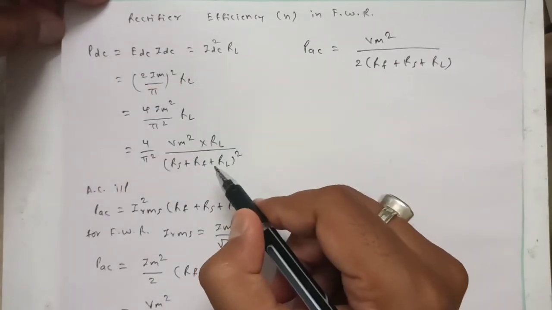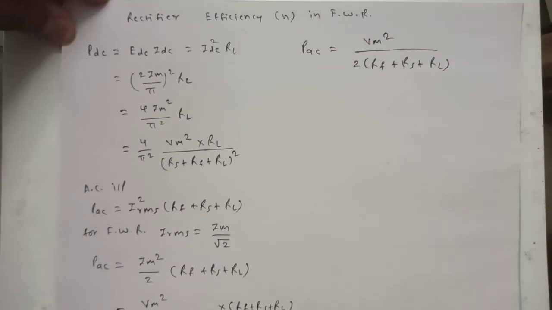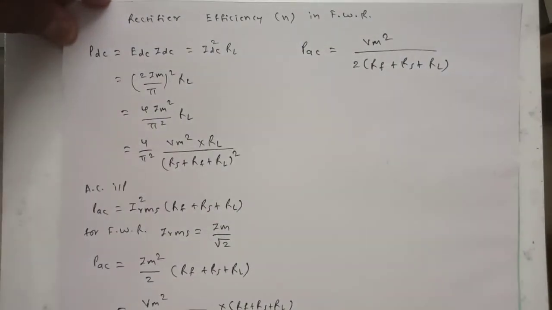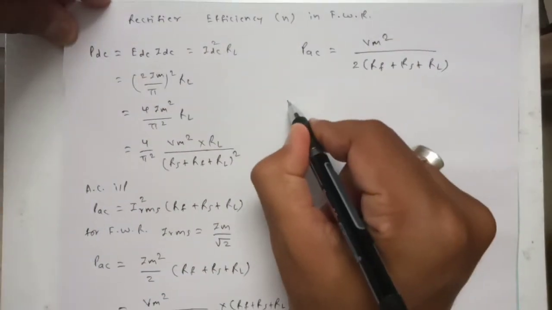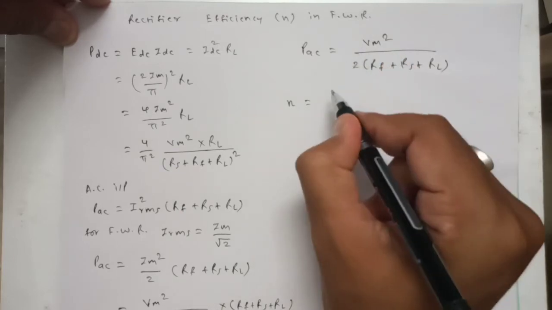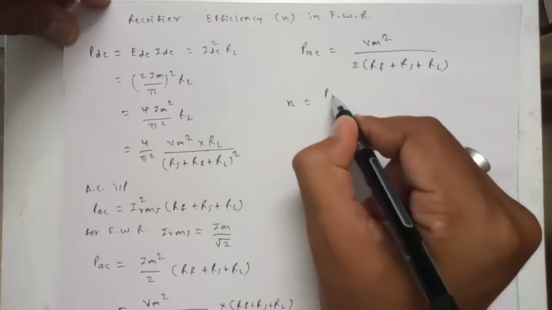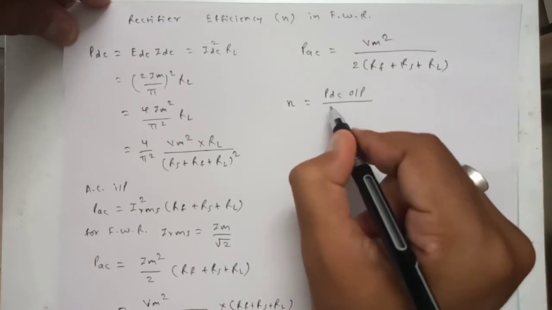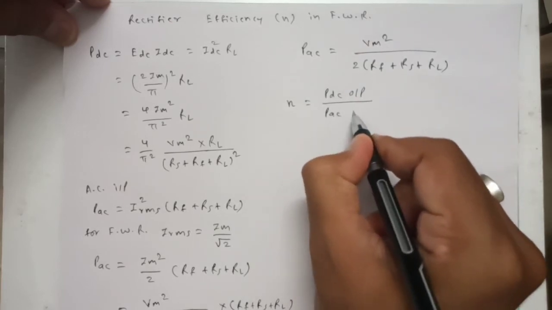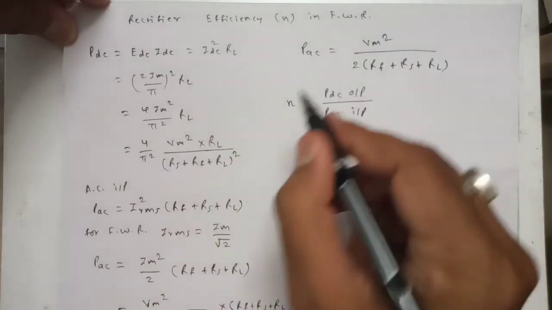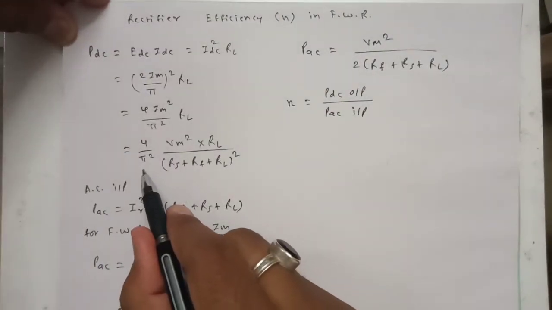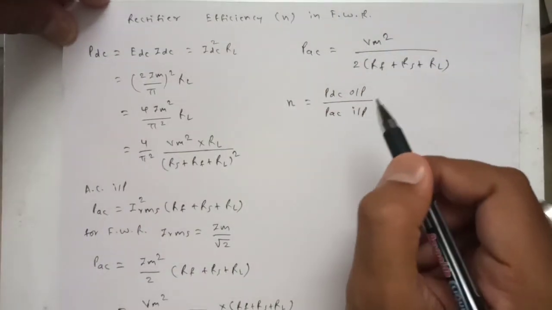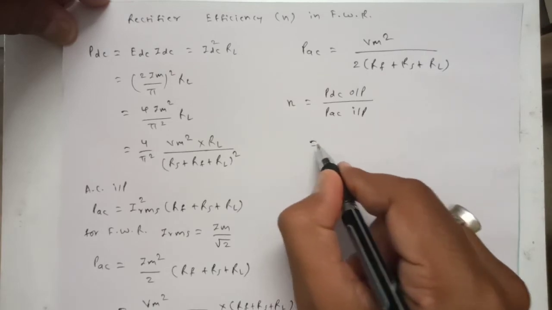Now the efficiency formula: efficiency of any circuit is output by input. Here we have DC at the output, so it is PDC output divided by PAC input, and we have now got the equations of PDC and PAC. I write them as they are here.